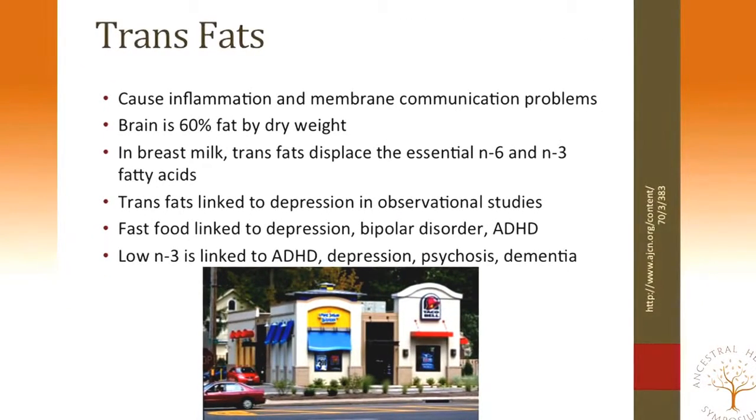The problem with the literature is that they often put these together, particularly in the scanty mental health literature. But in animal studies, it's very clear that the bottom are nasty and the top seem to have some protective anti-cancer benefits, at least. It's a little bit of speculation, but your brain's 60% fat by dry weight. So if you have all these weird, strange-looking, creepy fats in there, it's going to cause membrane and communication problems.